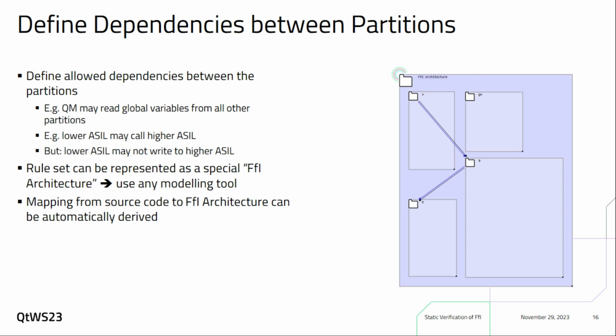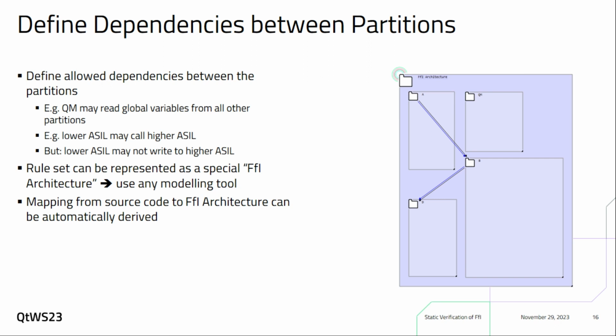This can be adapted. You can basically draw an architecture definition with these different ASIL levels and define which rule set should apply to the interaction between the different safety levels. And now everything else happens automatically.